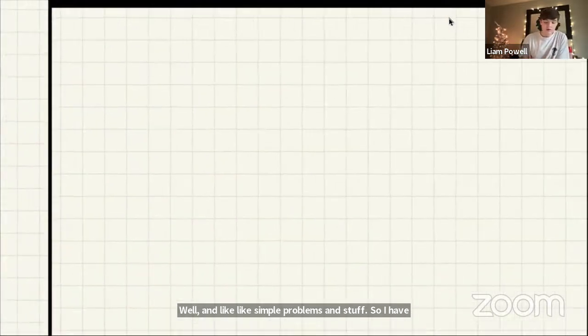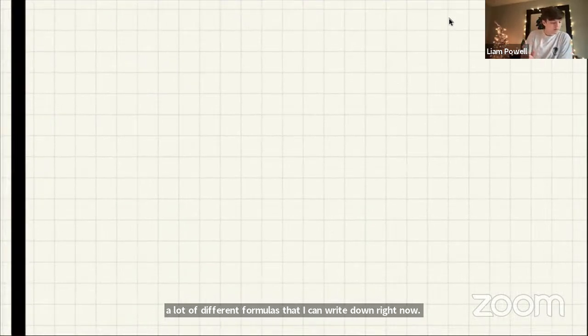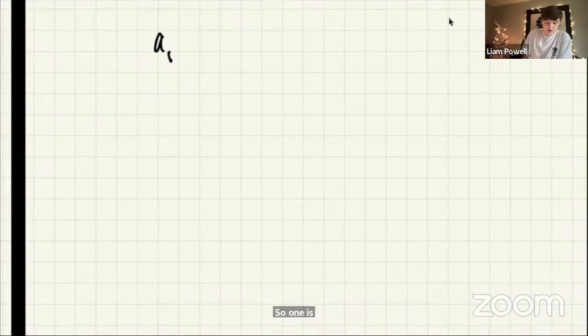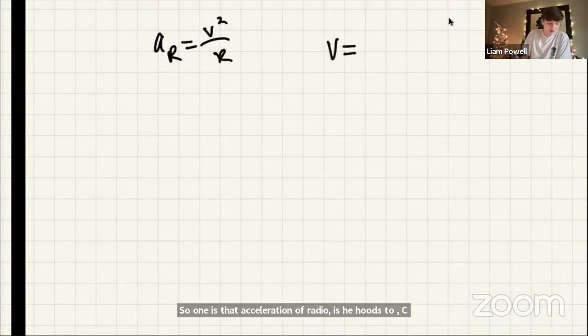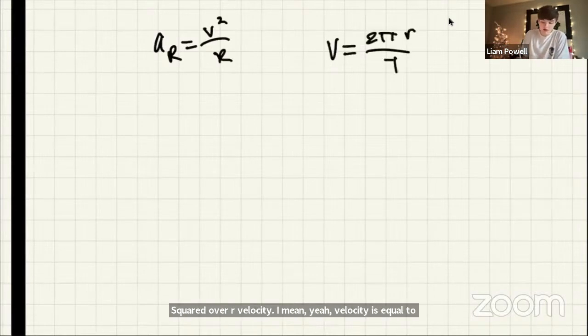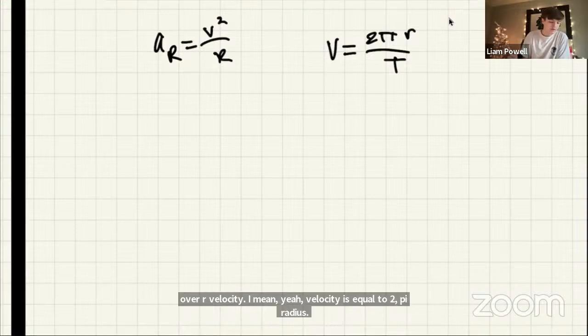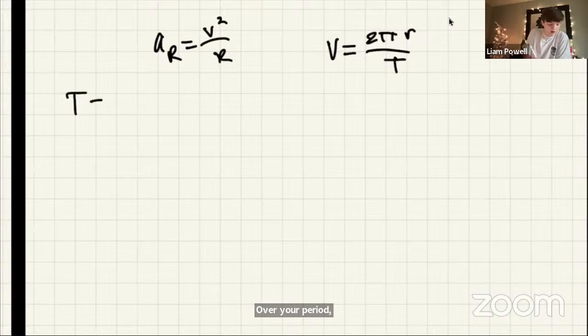One is that radial acceleration is equal to velocity squared over r. Velocity is equal to 2 pi radius over your period. Force is equal to mv squared divided by r.